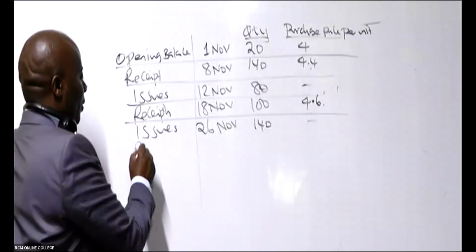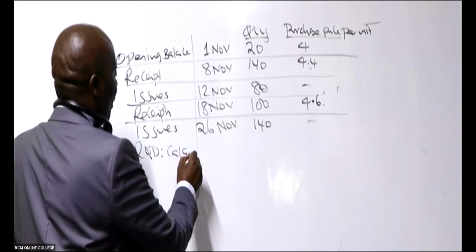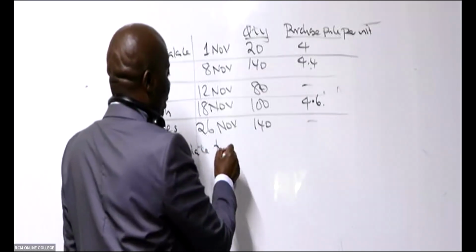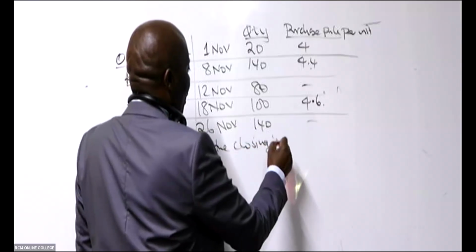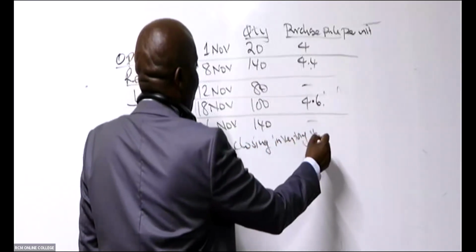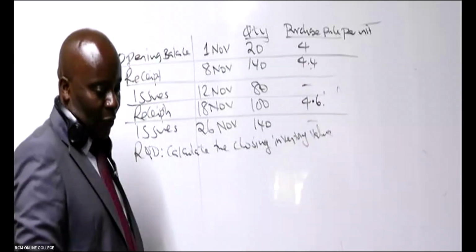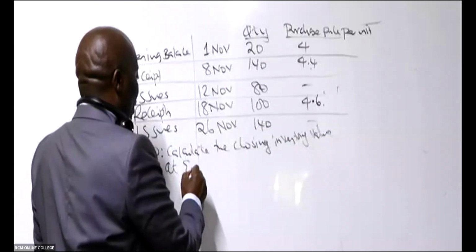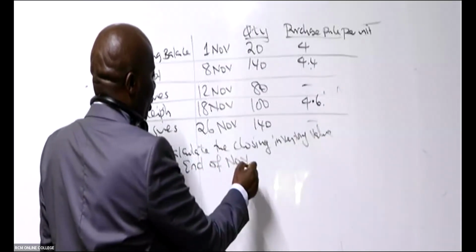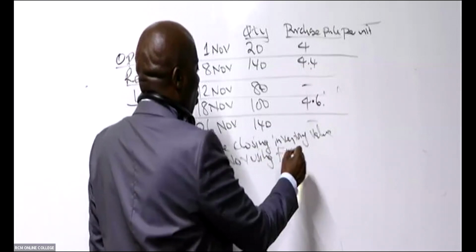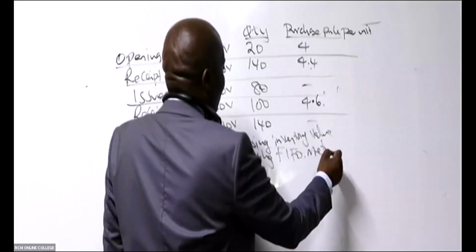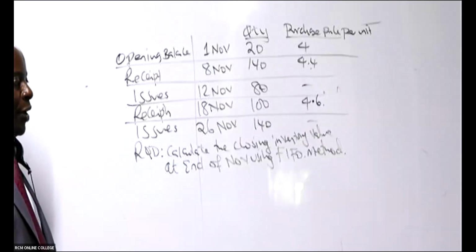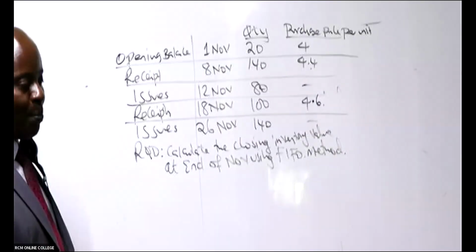So we are required to calculate the closing inventory value at the end of November using FIFO method.